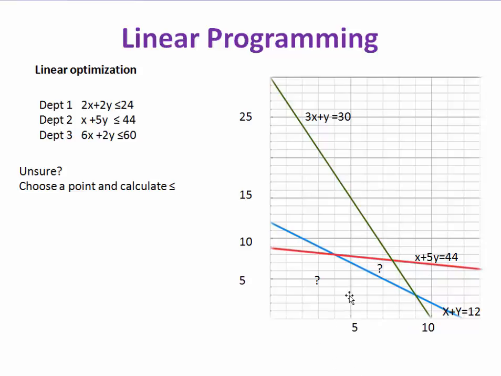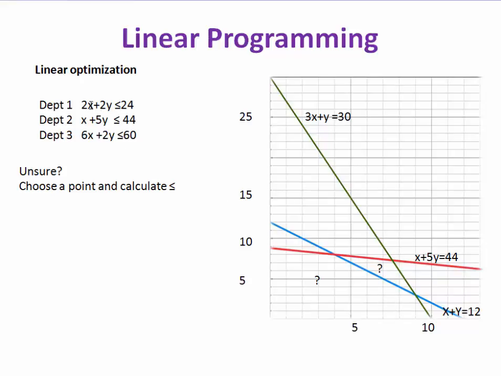Now, as you can see, we've got 2 enclosed areas by those 3 constraints. So we've got this one and this one. Best thing to do is choose a point, say if we're not sure which area we want. Choose a point here, say 7 and 7. Put that into the equation.